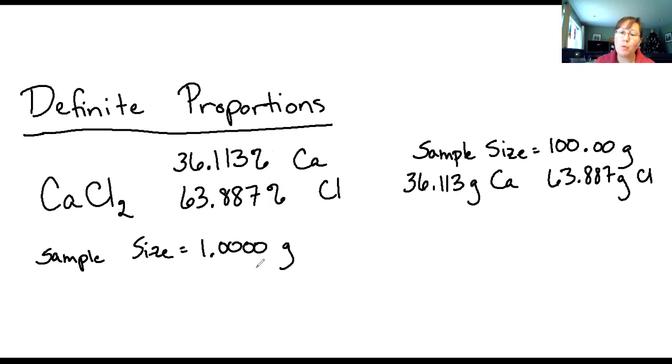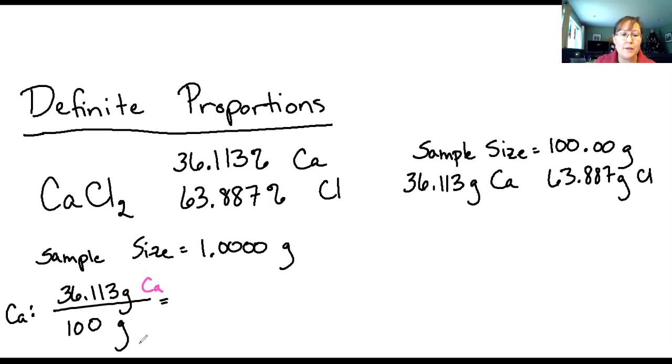Well, we could set up a proportion to solve this. I know some of you are already ahead of me in the math, and that's okay. Okay, well, what this says is that if we have 36.113 grams of calcium per 100 grams, so this is calcium to total.